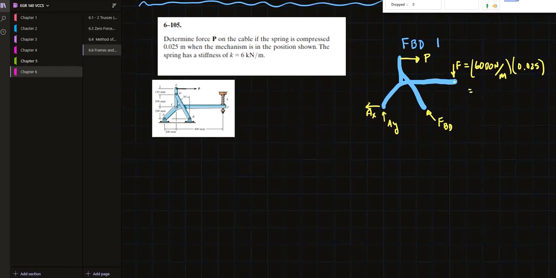This equals 150 newtons. This is our spring constant K here, and our delta, or distance.